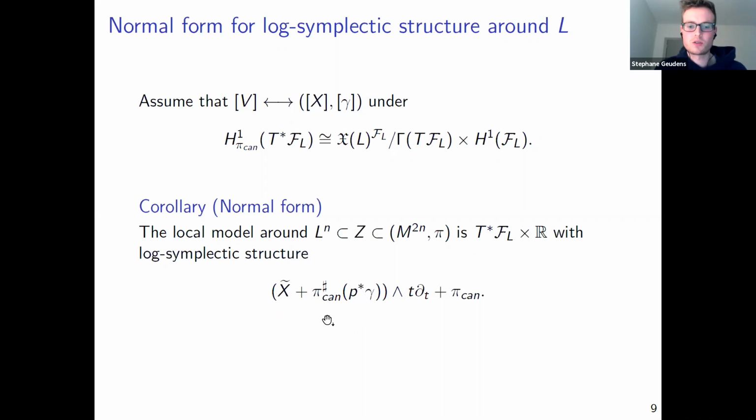And so this looks better as a normal form because now we use data from L itself. We use this vector field X and this one from gamma. And so I will use X and gamma for the rest of the talk. So let's try to remember X and gamma is the fixed data that come from the modular vector field.